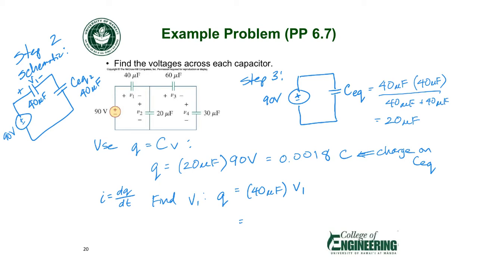And what's that charge going to be? .0018 coulombs divided by 40 microfarads will give me 45 volts.